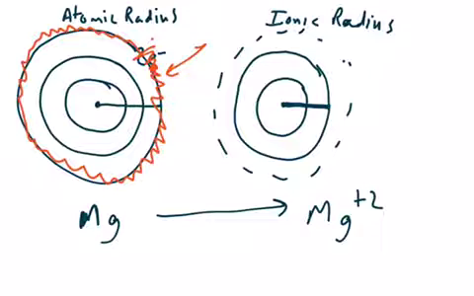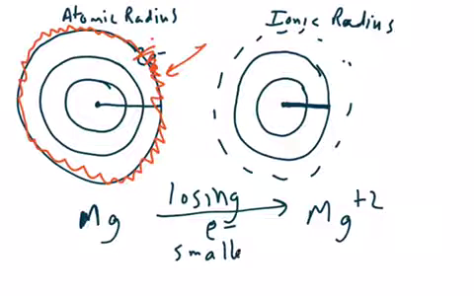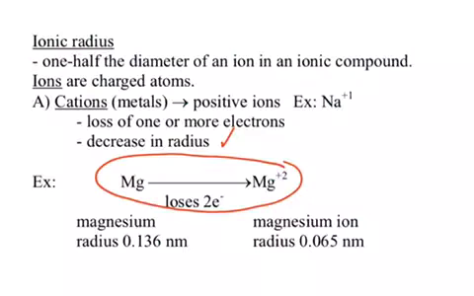So cations, as a result of losing electrons, are going to get smaller. And here's the evidence. If you look at real data, magnesium has a radius of 0.136 nanometers. After magnesium loses those 2 electrons, it significantly gets reduced in size, and it goes to 0.065 nanometers.